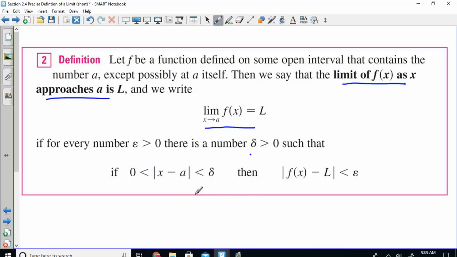So it's saying we should be able to find a number so that the distance between x and the value we're approaching, if it falls within that window, then our y's fall within the window.